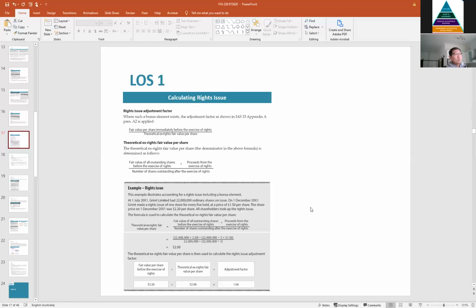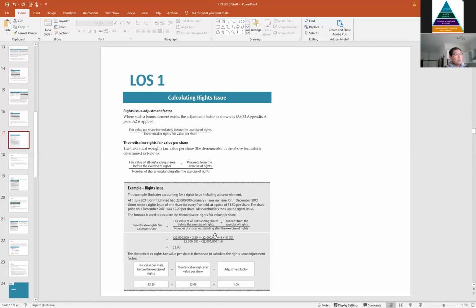Our first component is to think about the fair value of all outstanding shares before the exercise of rights. This number is simply the total number of shares, in this case 22 million, multiplied by $2.20, which is the price of the share. We then have to include in our numerator the proceeds from the exercise of rights.